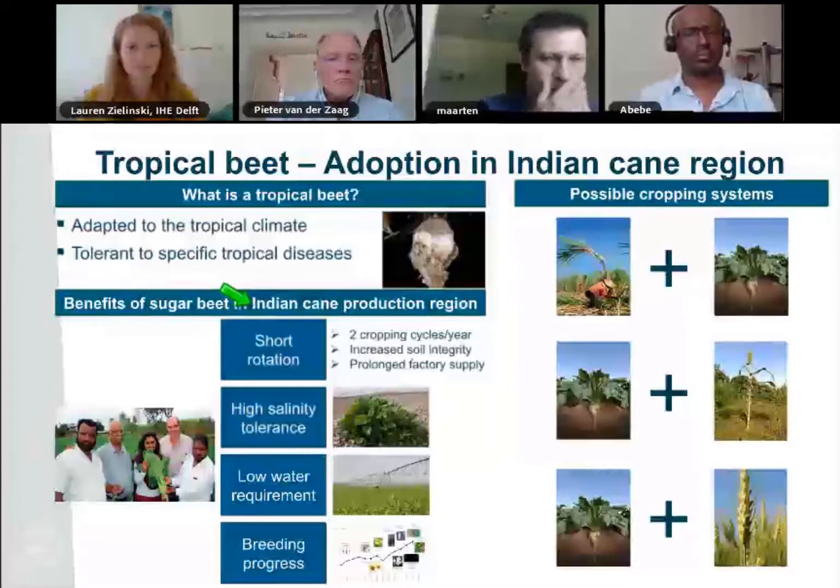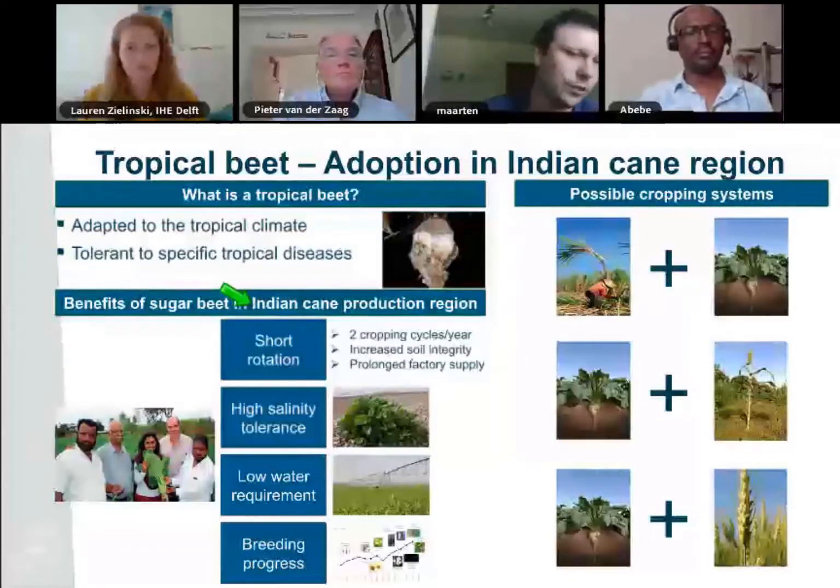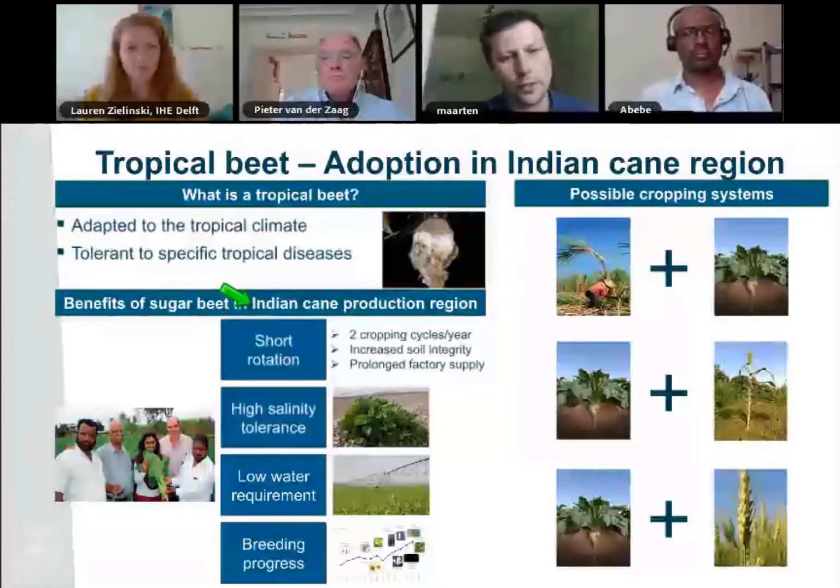The feedback that we get from the farmers in India that have adopted our crop and started growing it is the short cycle. With a cycle of 5 to 6 months in a subtropical or tropical region, you can achieve 2 cropping cycles a year. And the fact that you rotate crops also contributes to the maintenance of good soil quality, good soil integrity, which they also appreciate.